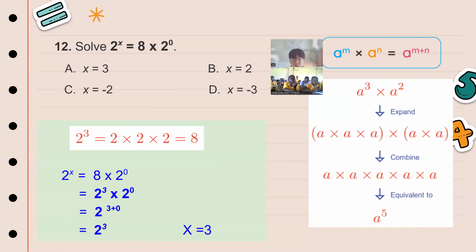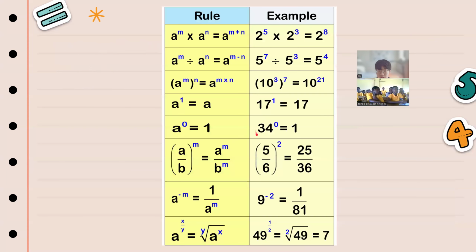And I have summarized the rules and some examples for these. So the rule that we just did, if you look at the very top, a to the power of m times a to the power of n equals a to the power of m plus n. And the second rule, what if we divide a to the power of m by a to the power of n? It equals a to the power of m minus n. It is minus if you divide.